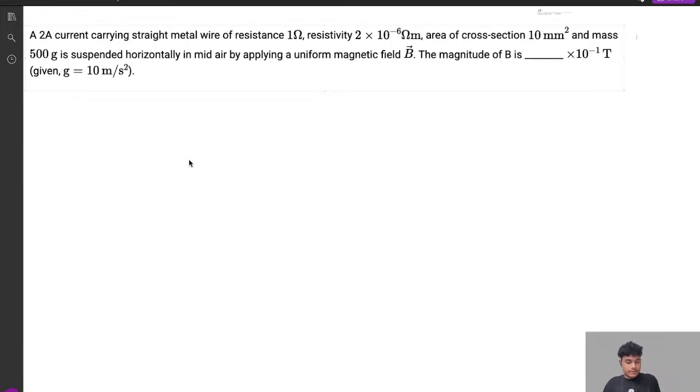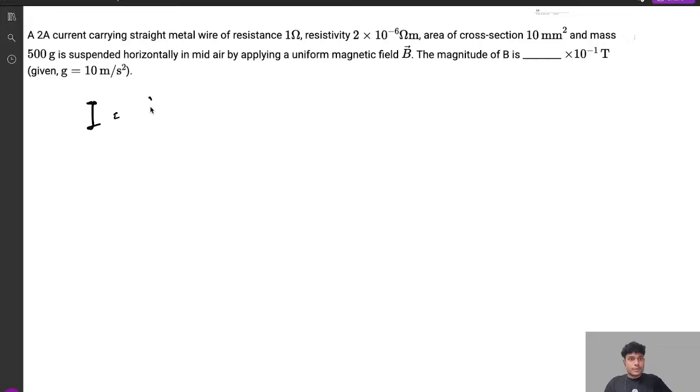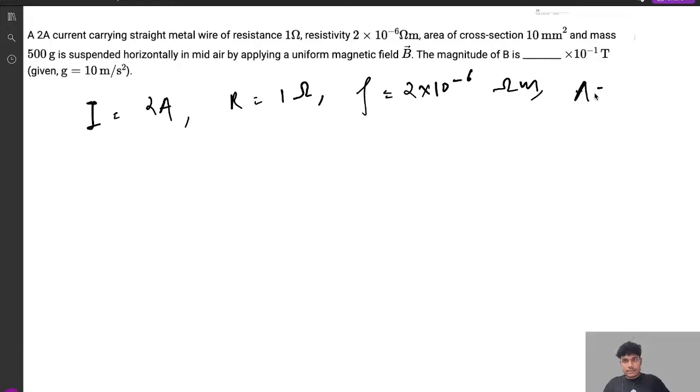Move to the next question. A 2 ampere current carrying straight metal wire of resistance 1 ohm, means I is 2 ampere and the resistance of the wire is equal to 1 ohm, and resistivity is equal to 2 into 10 raised to power minus 6 ohm meter, and cross sectional area is equal to 10 mm square.